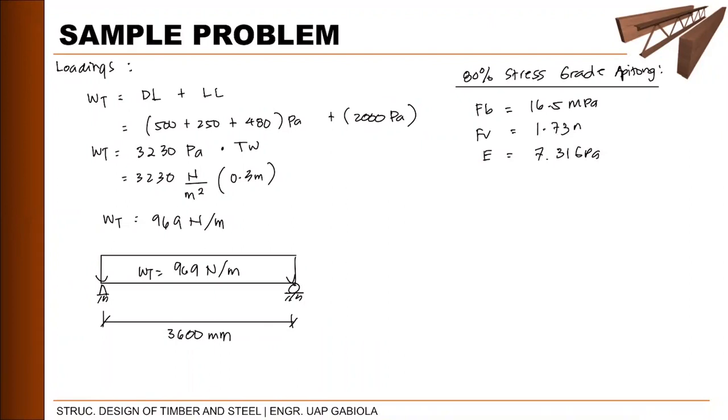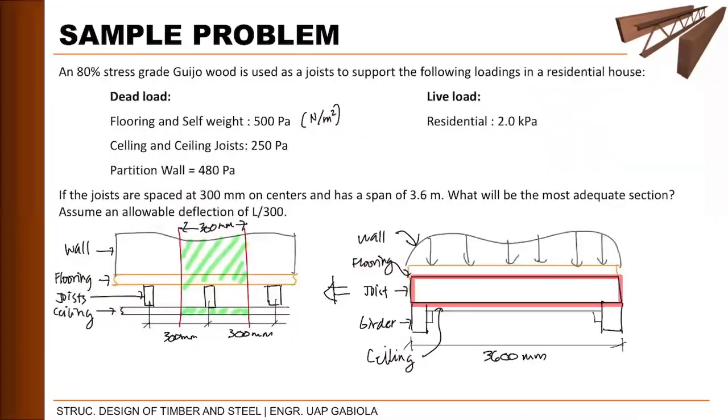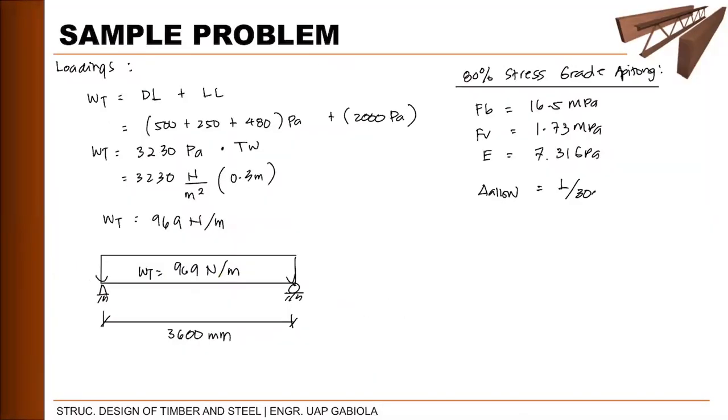Okay? So dito mo ngayon i-compare yung values ng actual bending shear values natin. Okay? And meron tayong nakabigay sa problem na allowable na deflection as L over 300. Yes, 300. No? So, babalikan natin later yan.